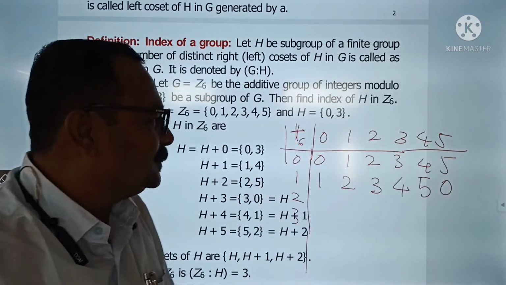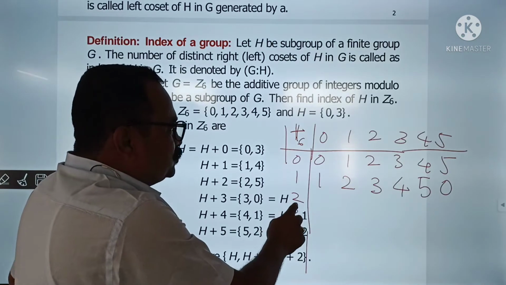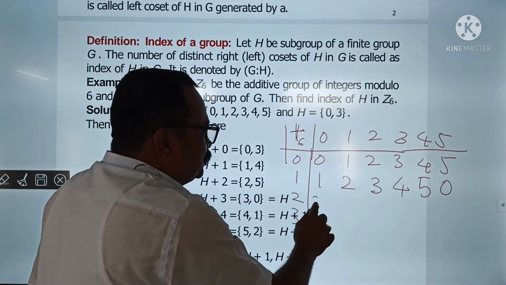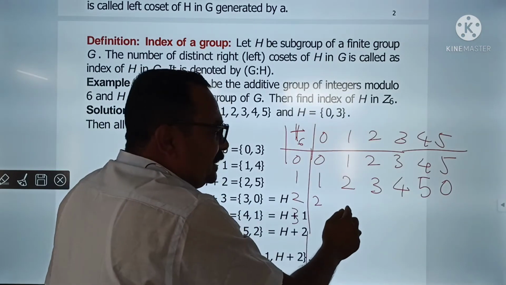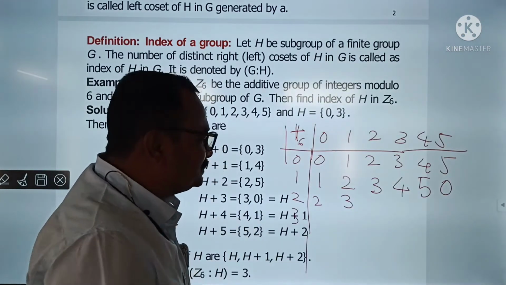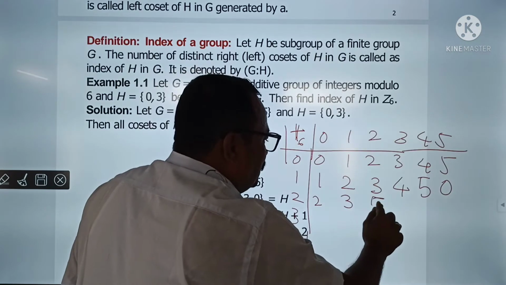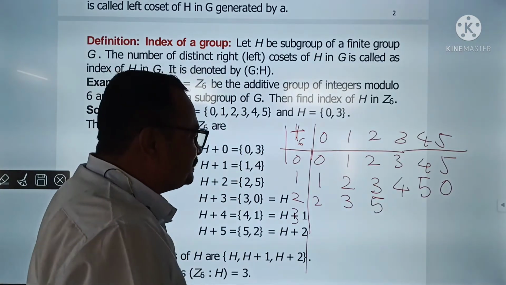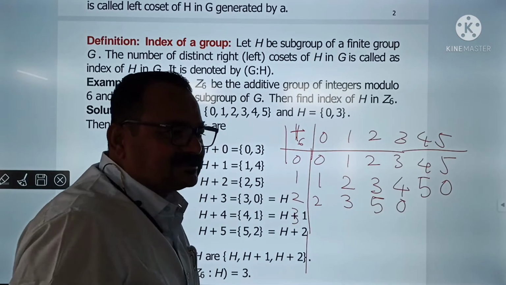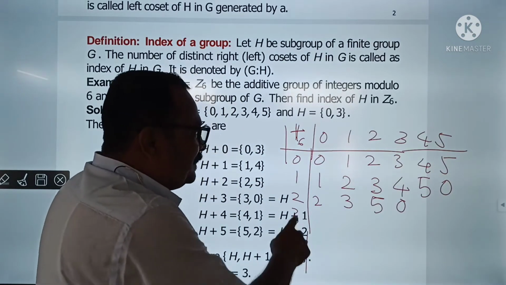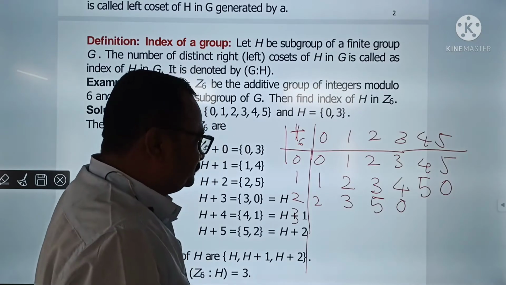For 2: 2 plus 0 is 2, divided by 6 the remainder is 2. 2 plus 1 is 3, remainder 3. 2 plus 3 is 5, remainder 5. 2 plus 4 is 6, divided by 6 the remainder is 0. 2 plus 5 is 7.